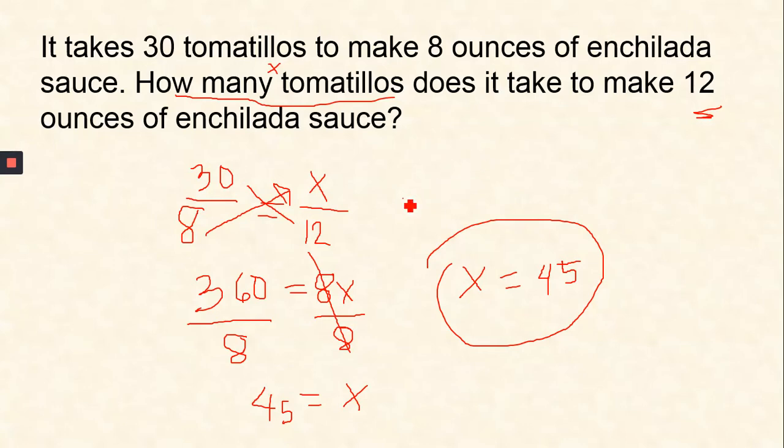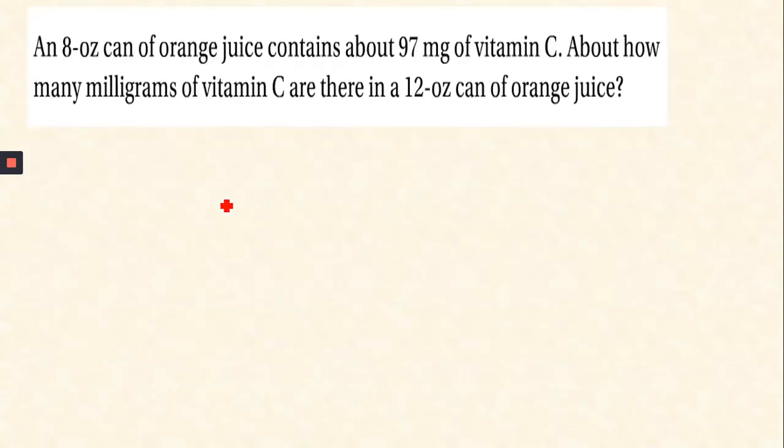Okay? The next one we have here: an 8-ounce can of orange juice contains about 97 milligrams of vitamin C. So you have here 8 over 97. Your numerator is the 8 ounces and your denominator is the vitamin C, which is 97 milligrams, is equal to about how many milligrams?